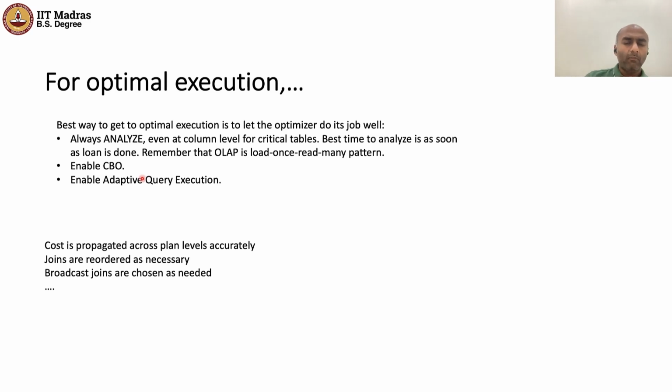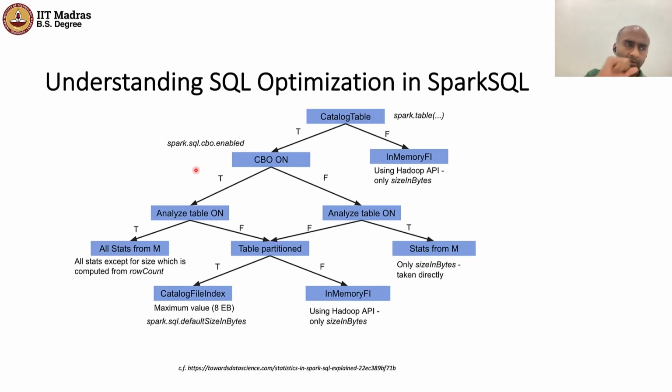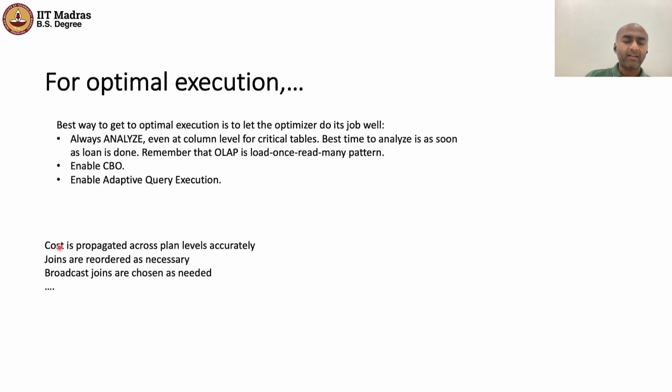All right. So what are we paying attention to? So finally, when we come down to understanding the various cost elements, you have to go back and use explain again. And when you look at the explain, you start to see whether the cost is actually getting propagated across the levels accurately.